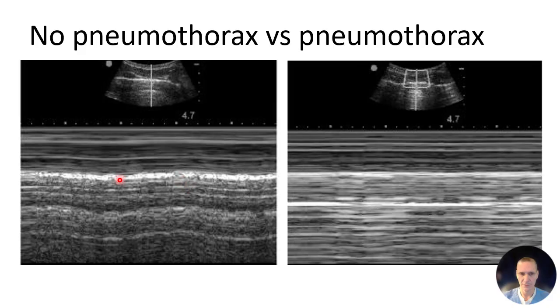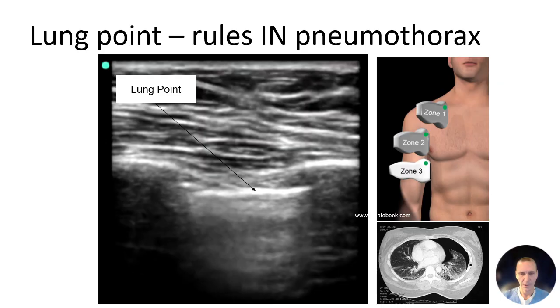Here, you have the beach, the seashore, and then the sky here. They term this, suggestive of a pneumothorax, the barcode sign. So for documenting, you can record your findings.